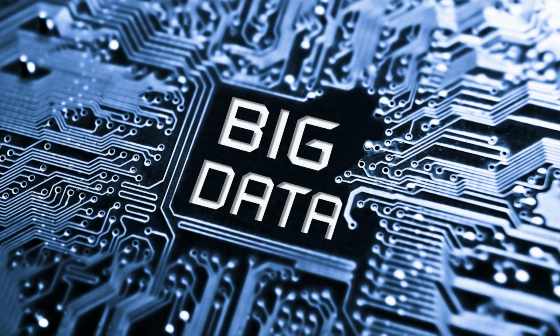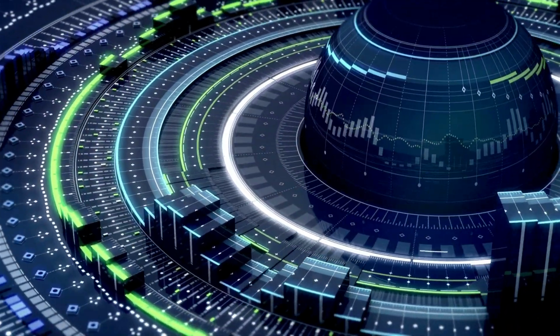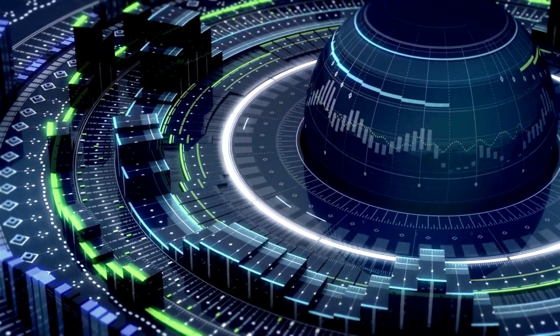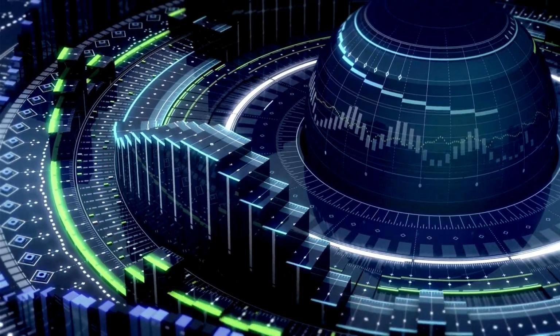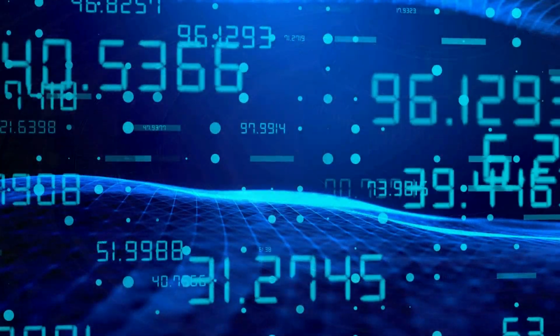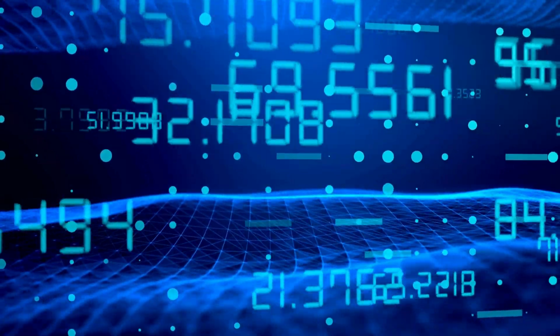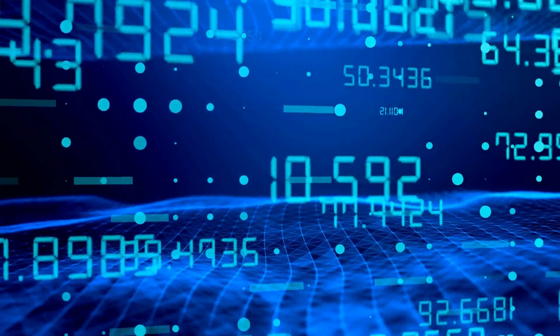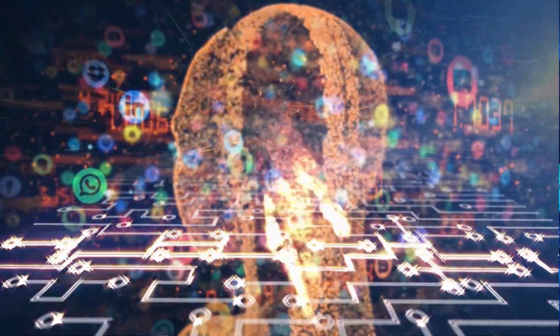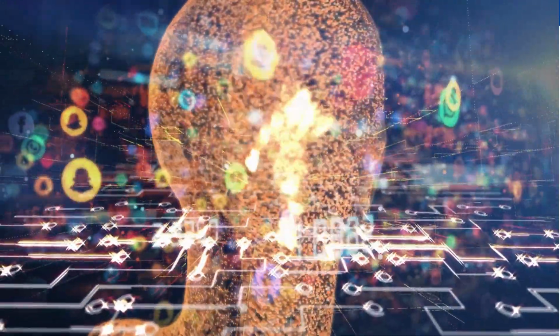Big data refers to the extremely large data sets that may be analyzed using computers to reveal patterns, trends, and associations, especially relating to human behavior and interactions. It is not just about the data itself here, but also about the infrastructure and analytics used to handle and interpret this data.